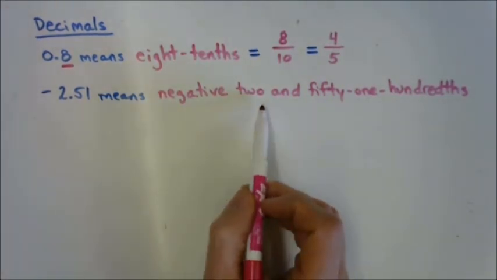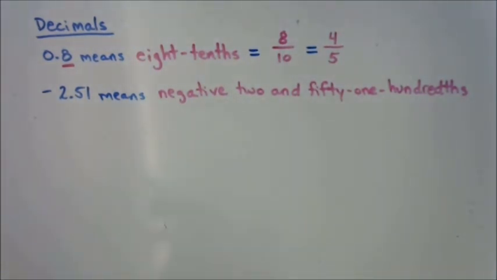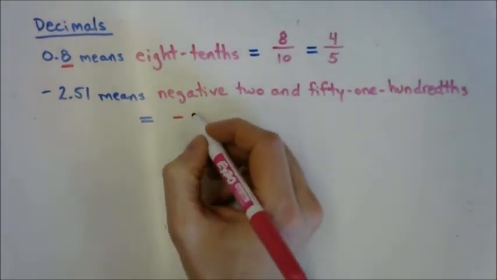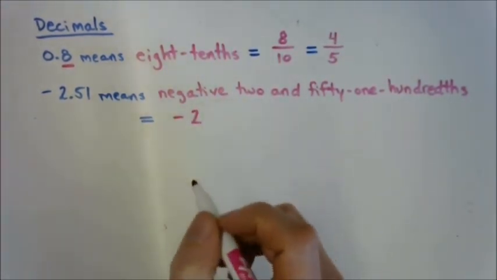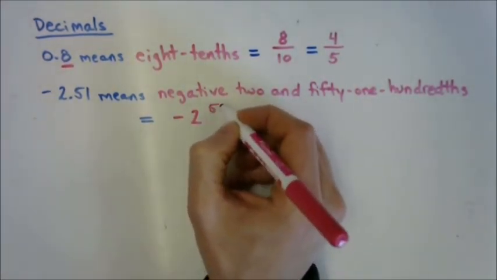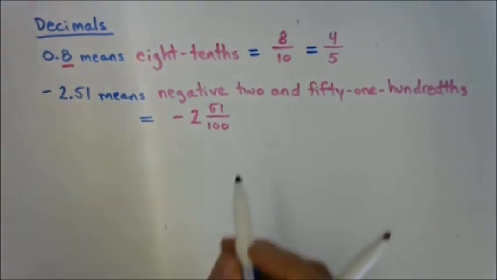So we have negative 2 and 51 hundredths, which, I'm going to skip down to my next line, is equal to negative 2, and we're just going to write it exactly as we've said it here, and 51 hundredths.